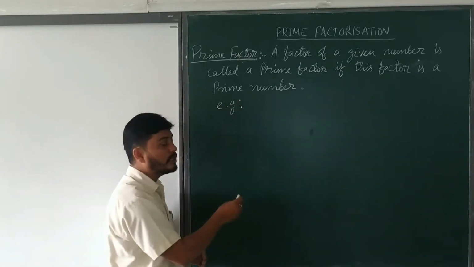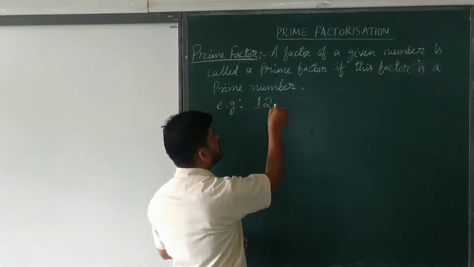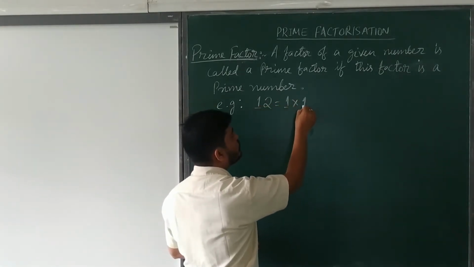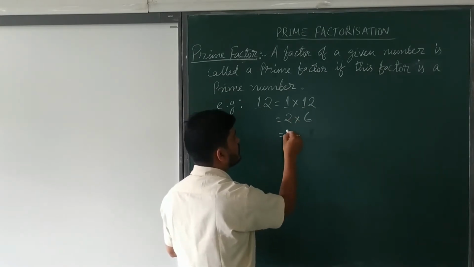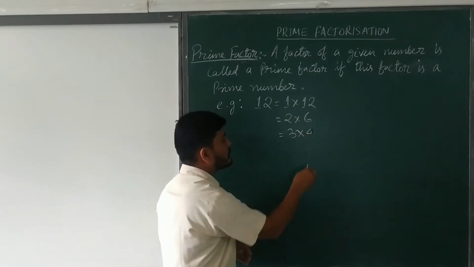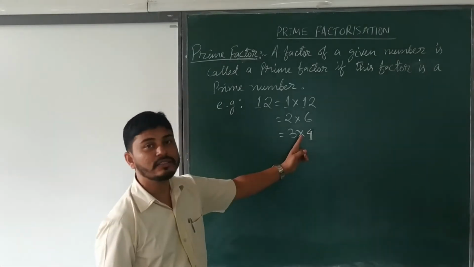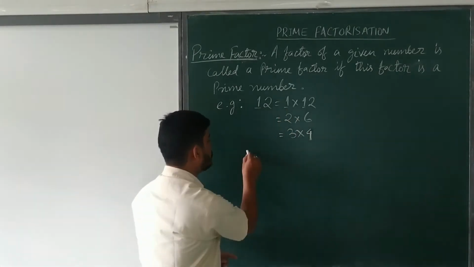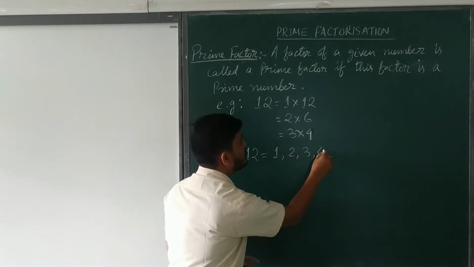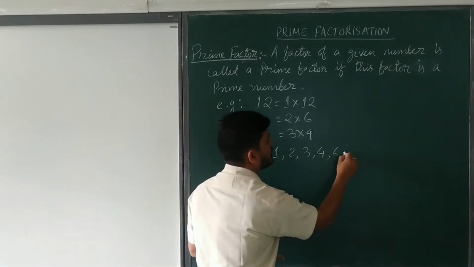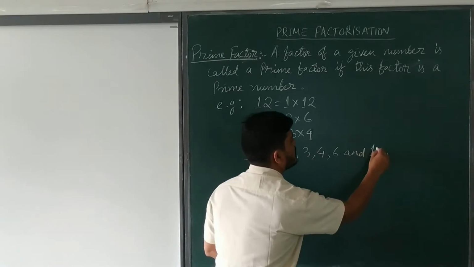Say for example, let us factorize the number 12. Now as we can see, these are the factors of 12. That is 1, 2, 3, 4, 6 and 12.